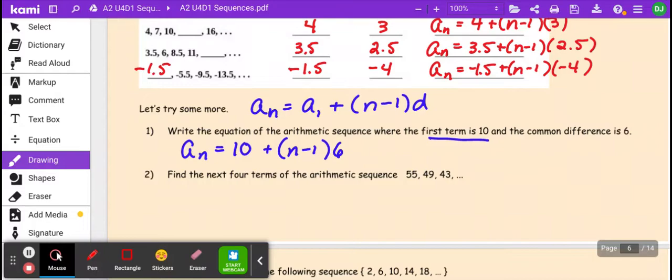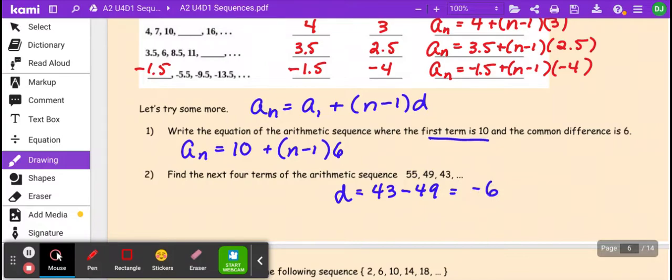Find the next 4 terms of the arithmetic sequence. If you're given 3 terms and you're asked to find consecutive terms, all you need to do is figure out the common difference. Let's pretend it's not as easy as it looks. Let's pick a term. I'm going to pick 43 and subtract the previous term.